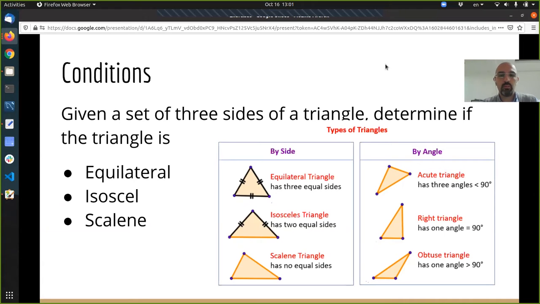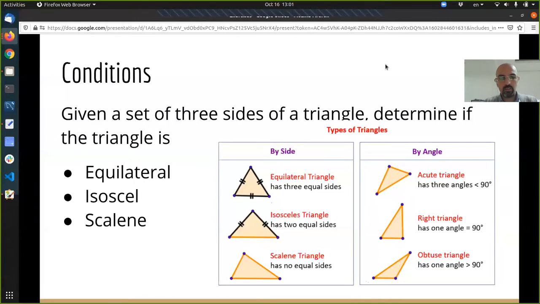So basically it will be three numbers determining the length of each side of the triangle, and our duty is to determine whether the triangle is equilateral, meaning that all its sides are equal to one another, is isosceles, meaning that only two of them are equal to one another, and scalene, if none of the sides is equal to one another. So all these are different.